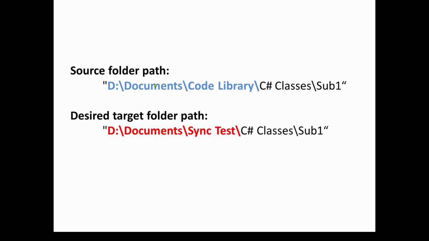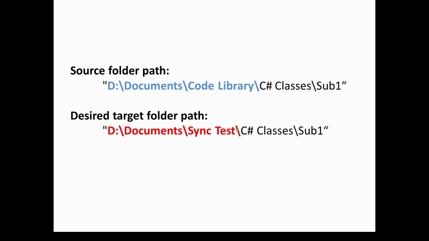So for example, if we have our source folder path that looks like this, D documents code library, and we want to back up everything in C# classes subdirectory 1, we have to figure out how to come up with the desired target folder path, which is going to look like this, D documents sync test, and this is the new folder and subfolder that we're going to have to add.